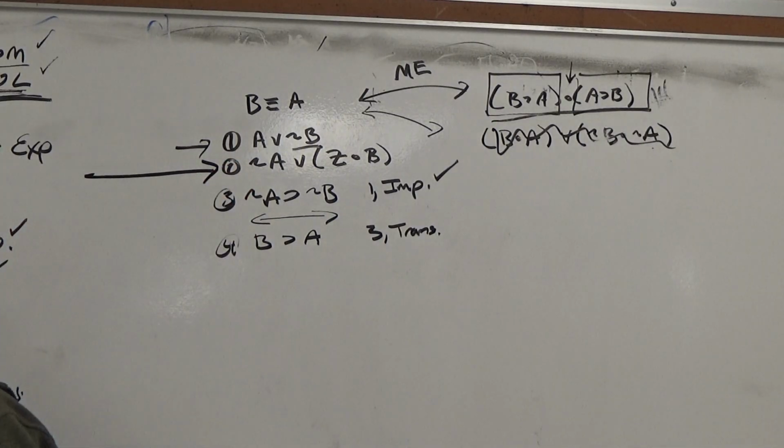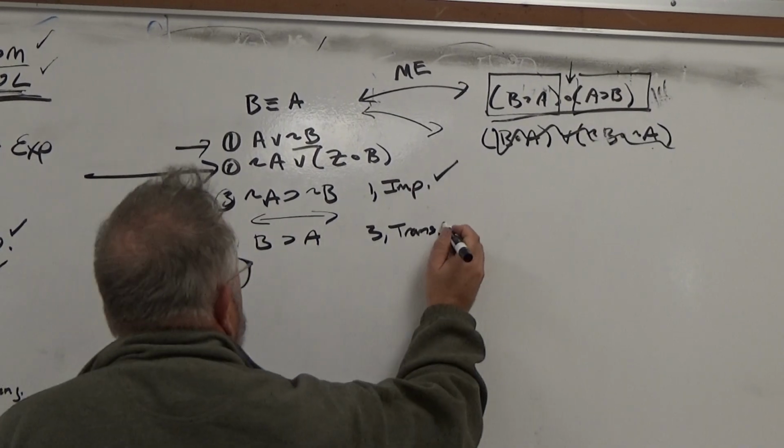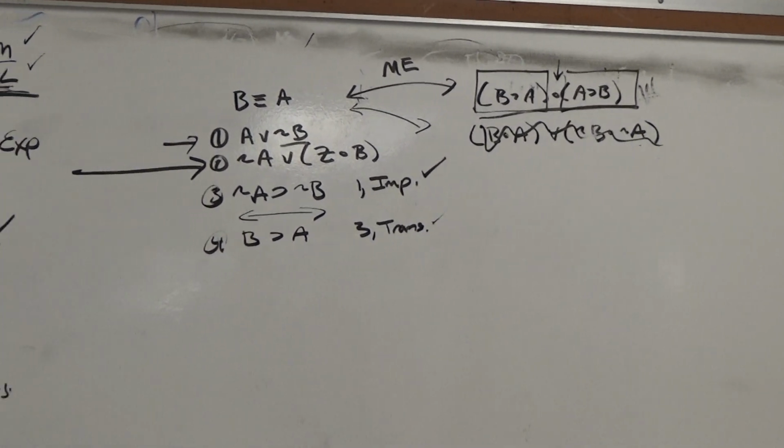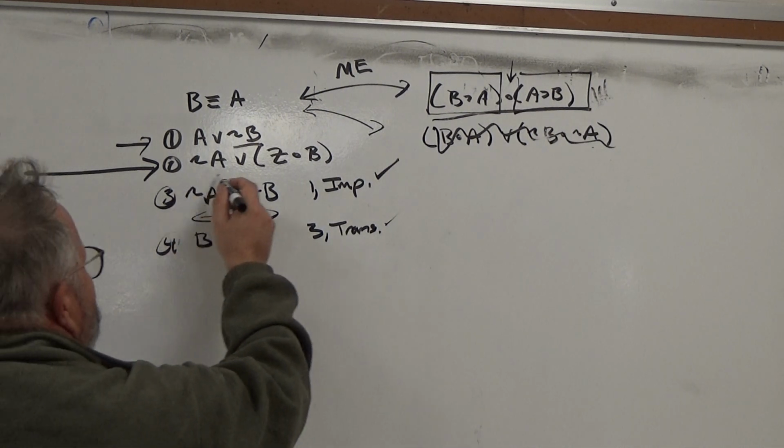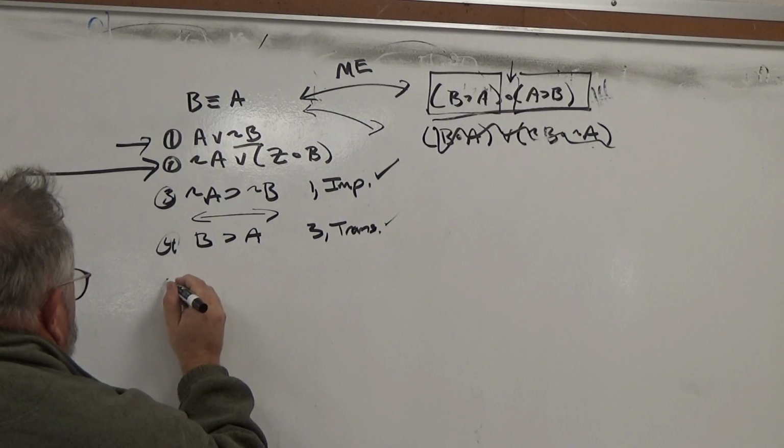And now this is going to be the hardest problem to see, and so we're going to use line 2, okay? There's one rule that I haven't used so far, distribution, okay? And I'm gonna do a distribution on line 2, okay?